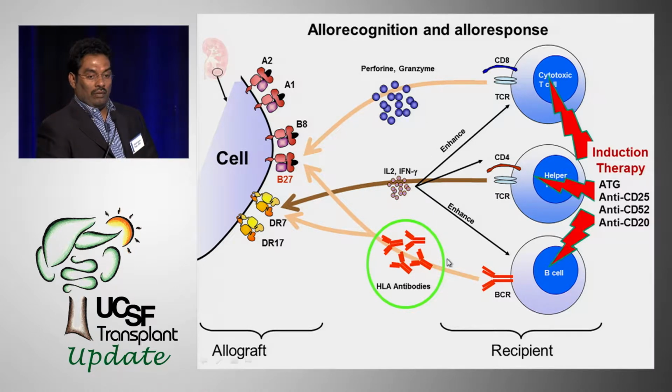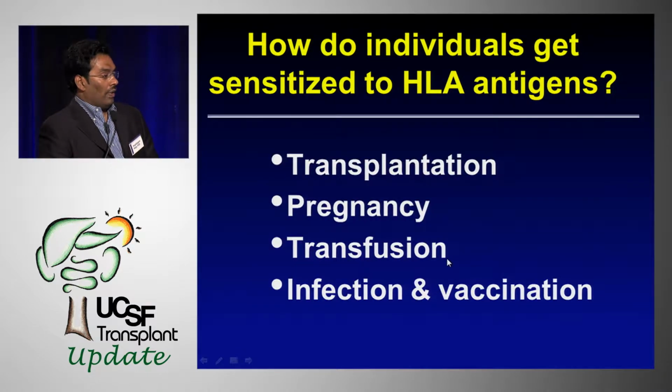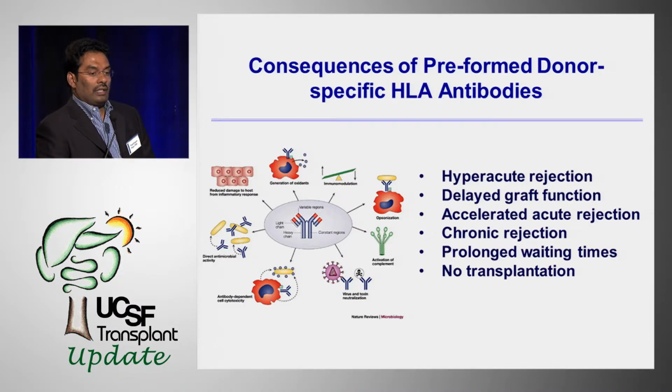Antibodies are very bad, because people having transplantation produce antibodies. People having multiple pregnancies produce antibodies, and transfusions, infection, and vaccination can also trigger HLA antibodies. And the antibodies can react in many different ways.